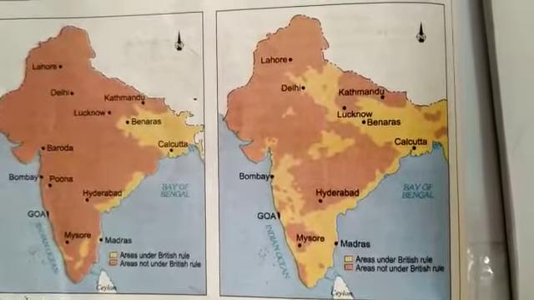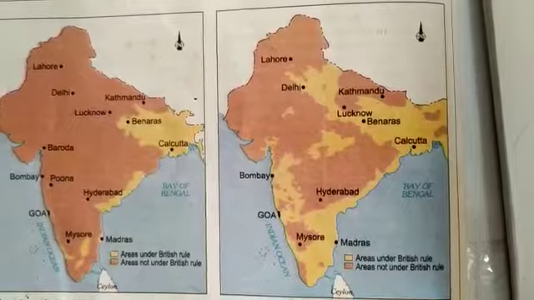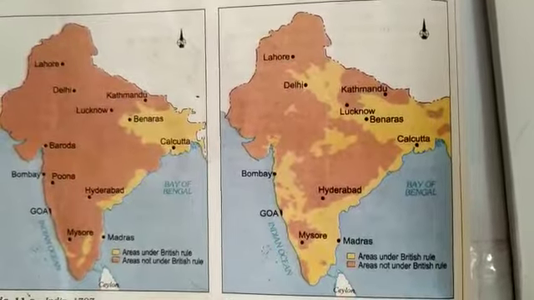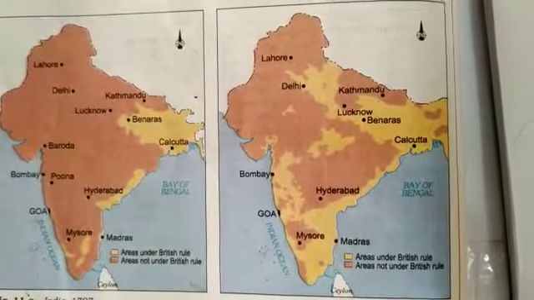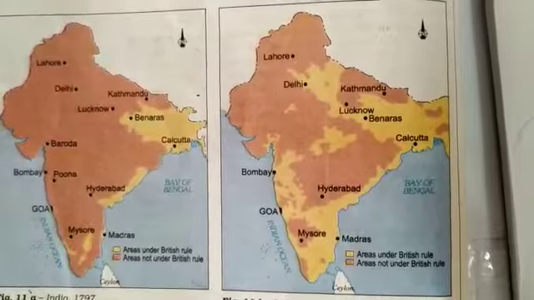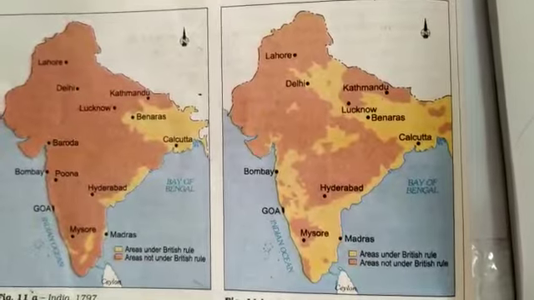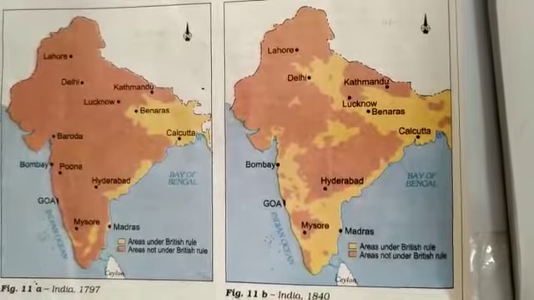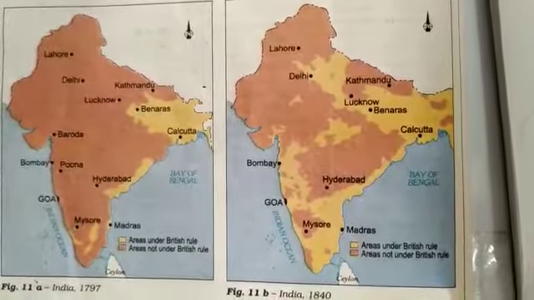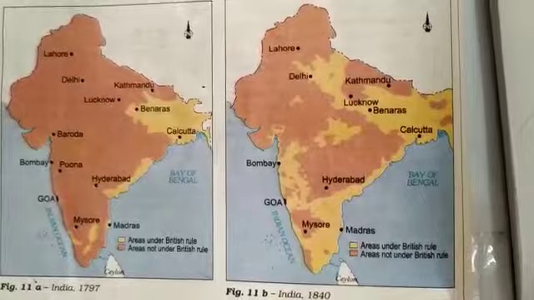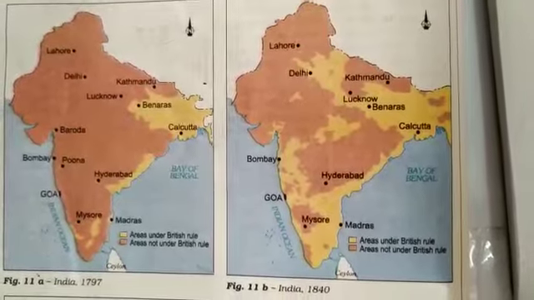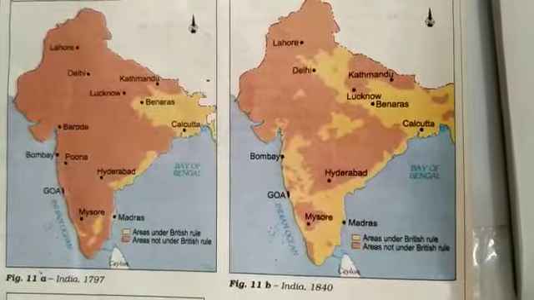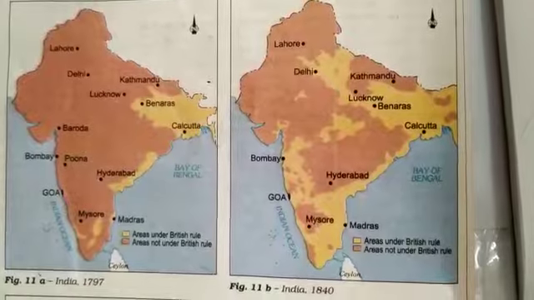And this whole belt is a very fertile belt of the Ganga Jamuna Doab region. It is very good for agriculture as well as for trading. It is very important. And you can see in the southeastern region to southwest region up to Bombay, this whole triangular India, they have taken control of.